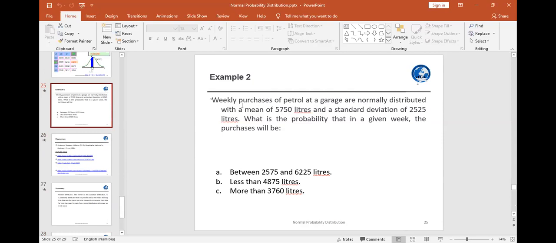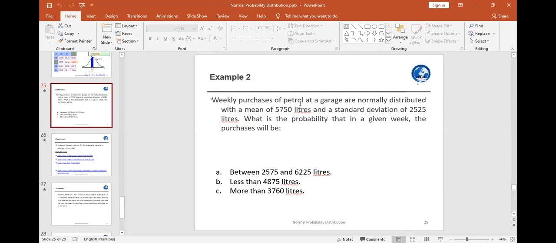Weekly purchases of petrol at a garage are normally distributed with a mean of 5,750 liters and a standard deviation of 2,525 liters of petrol.